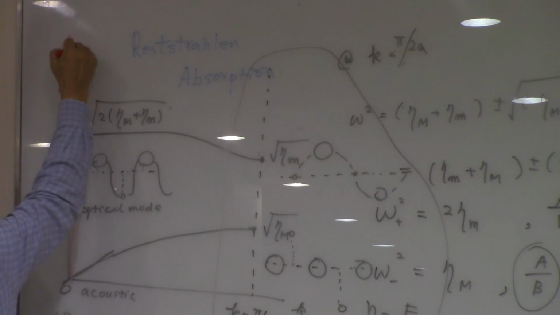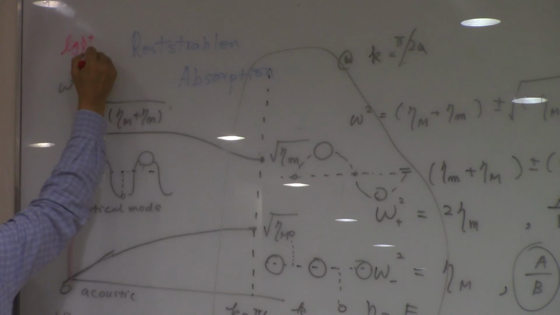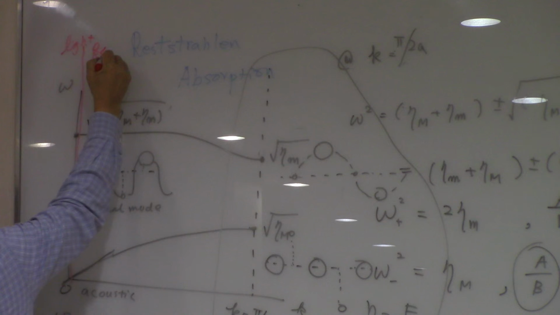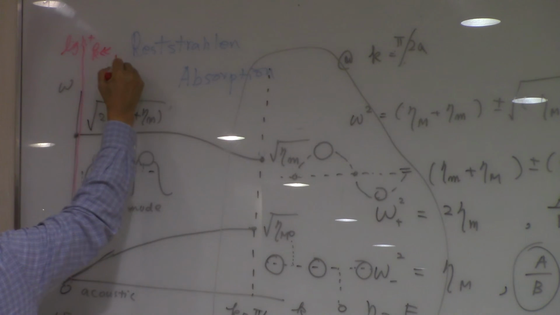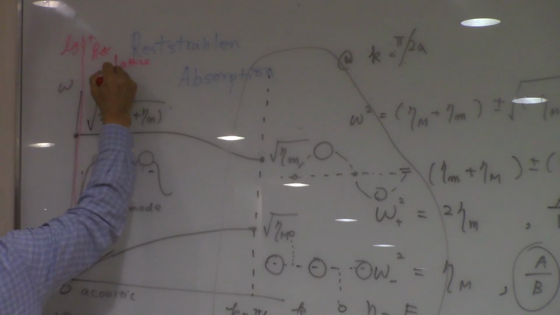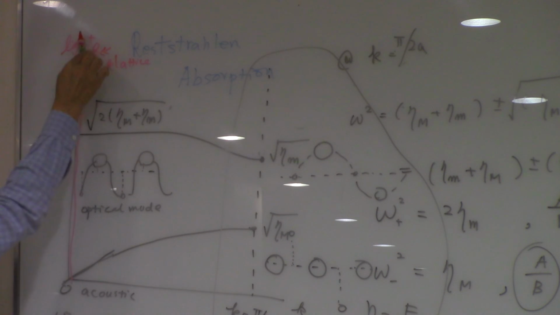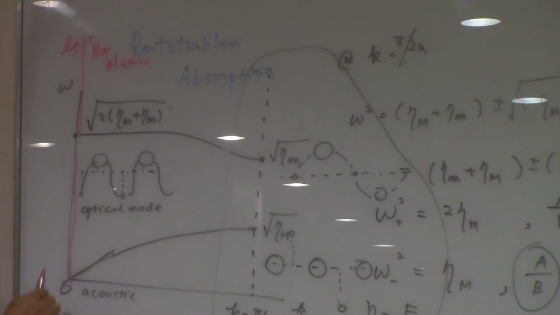Because in the light, the k value is extremely small, smaller than the lattice k. So if you want to draw the light in the same omega versus k scale of the lattice wave, you have to draw it very close to this y-axis.